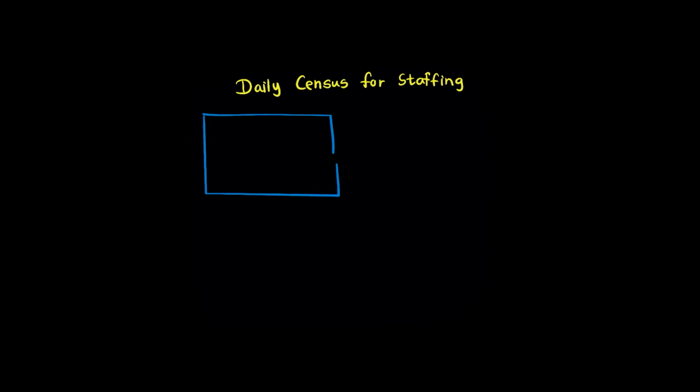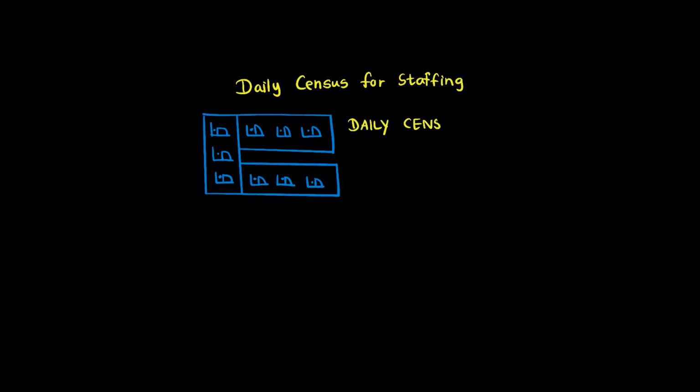Let's explore how healthcare facilities make critical staffing decisions using data analytics. When a hospital needs to determine average daily census for staffing decisions by reviewing the number of patients present at specific points each day, they rely on the daily census report. This report provides the count of patients present at designated times, typically midnight, which is essential for resource planning and staffing allocation.